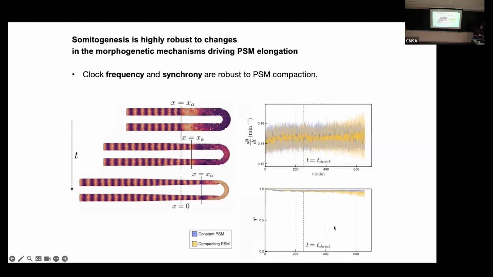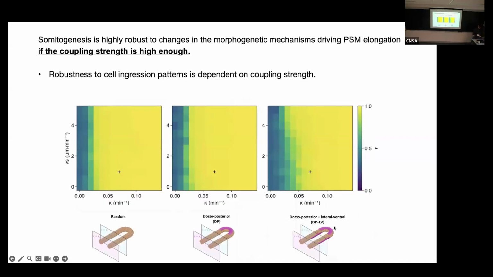In the original model, they didn't take delays into account. They parameterized this kappa, but they didn't explore it. Already when we start changing the coupling strength, you see that that is a major tuner of the robustness of the system, as one would expect.